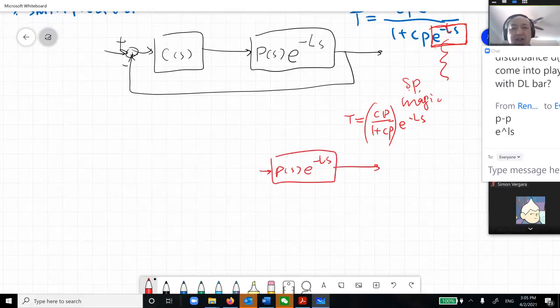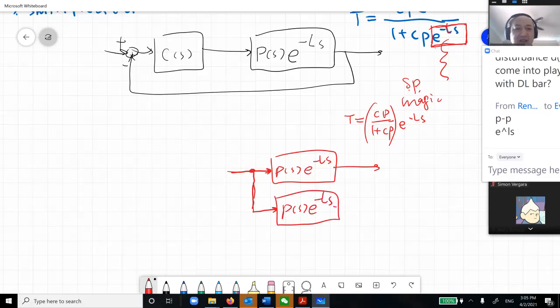Then I pull out this signal and make a copy of it. This is negative, this is positive, so this is 0.